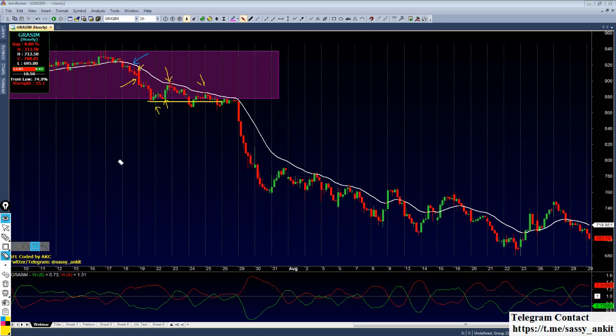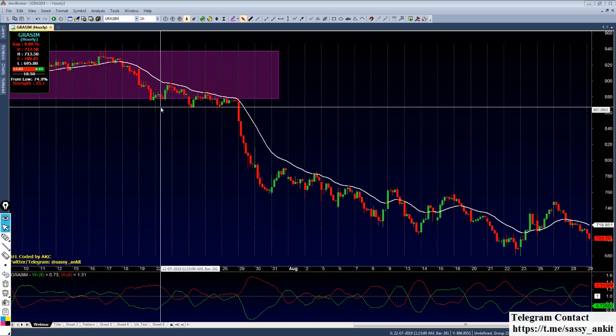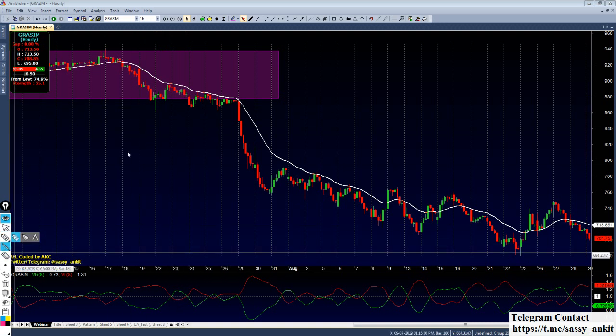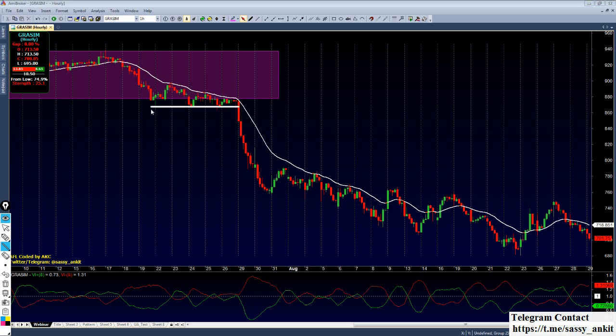So here what you need to do is find some pattern. Like in this particular case, we have a small pattern like this. Let me clear this and draw it again. So here we have this particular pattern forming up like this.